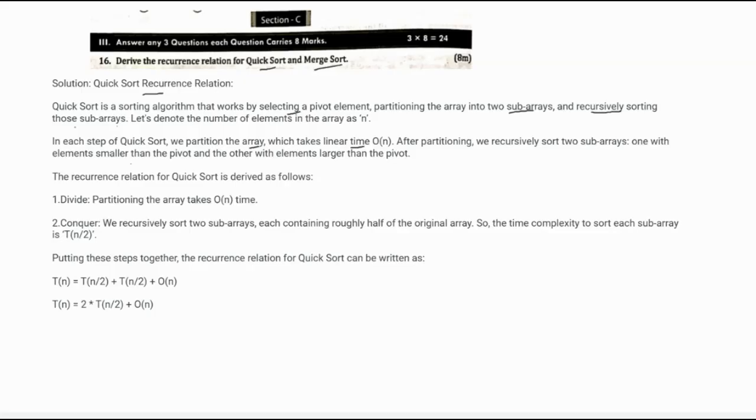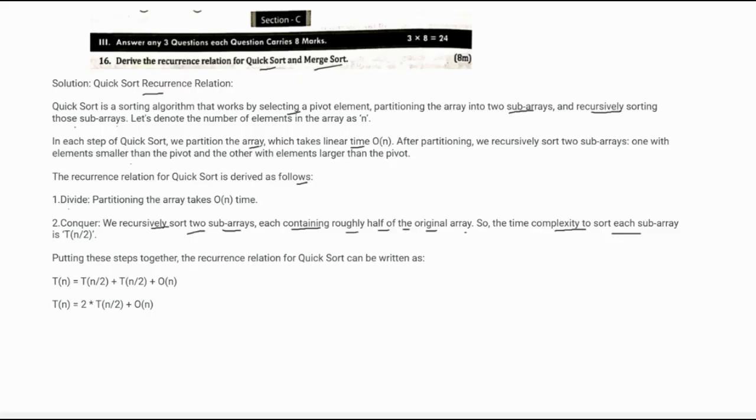The recurrence relation for quick sort is derived as follows. So here we divide: partitioning the array takes O of n time. Conquer: we recursively sort two sub-arrays, each containing roughly half of the original array. So the time complexity to sort each subarray will be T of n by 2.